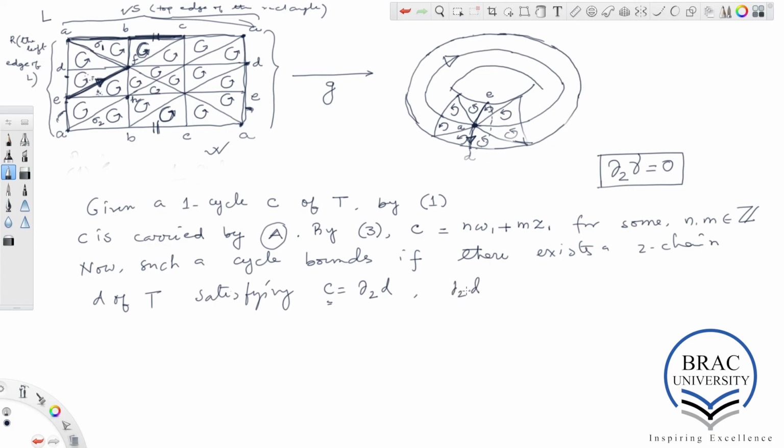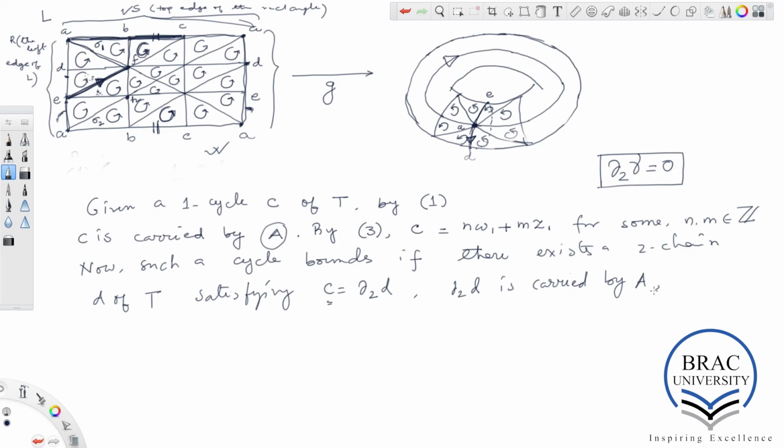So you see the del 2 D is carried by A. Now, result number 2 tells us that if D is a two chain of T, and if del 2 D is carried by A, then D is a multiple of gamma.